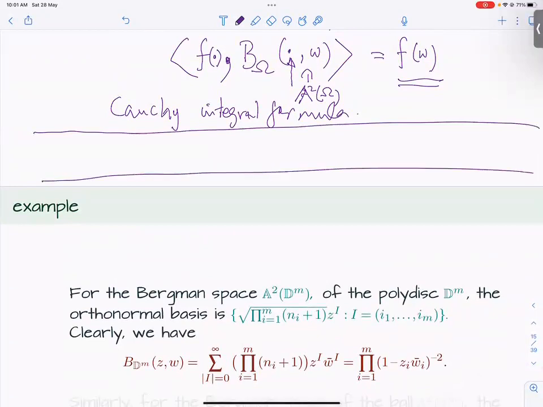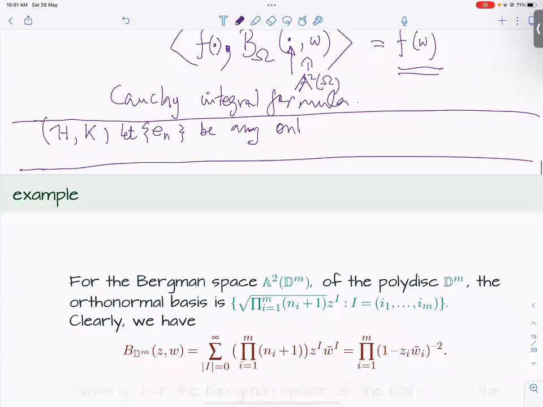This is something that Deepak will discuss today in the tutorial session. Given a Hilbert space with a reproducing kernel K, pick any orthonormal basis. Let E_n be any orthonormal basis in H.